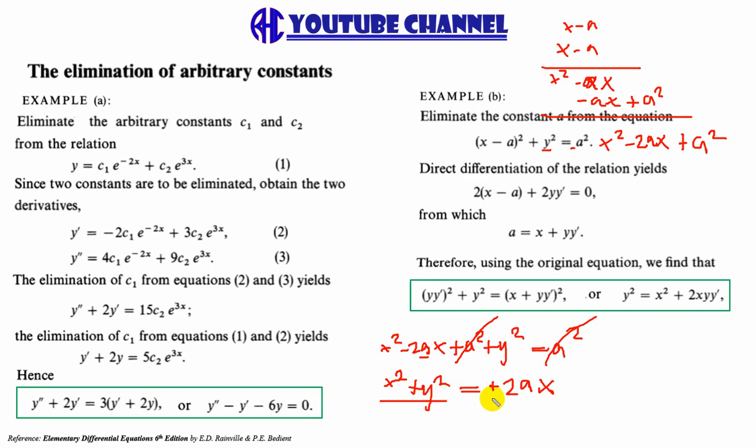Then, divide both side ng 2x, cancel out to. So, a is equals to x squared plus y squared over 2x.